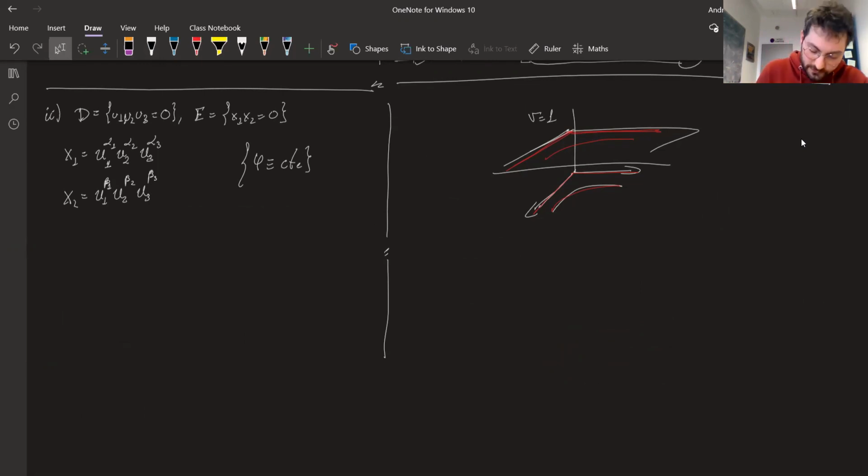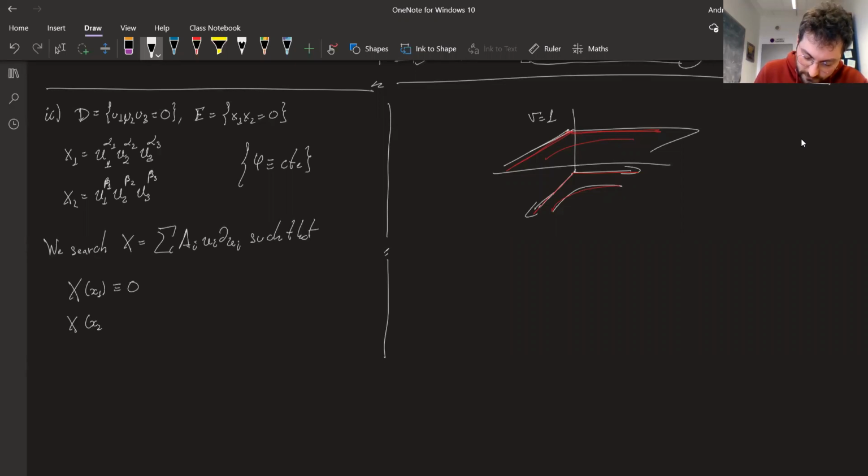So we search a vector field x equals the sum of a_i u_i d/du_i, so tangent to the exceptional divisor, such that x1 must be constant equals 0, and x2 must be constant equals 0. This is going to give us the level set of the vector field.